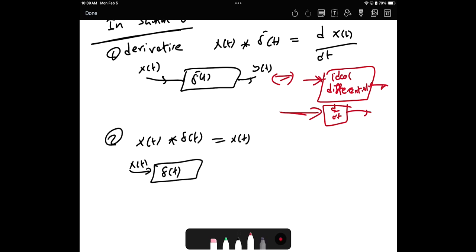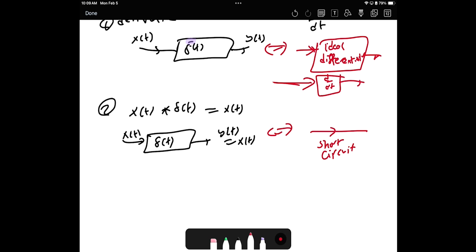Keep in mind the first one was with prime, now here there is no prime. So it will be y of t, which is equal to x of t. And this is equivalent to a short circuit. Okay? That's the second scenario.